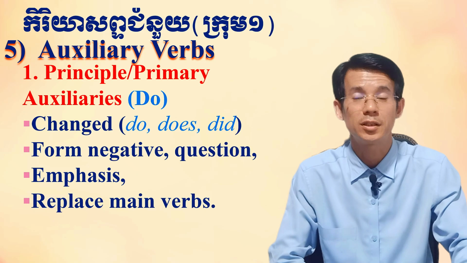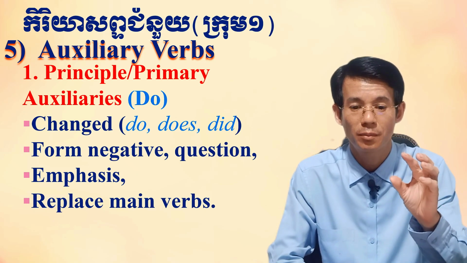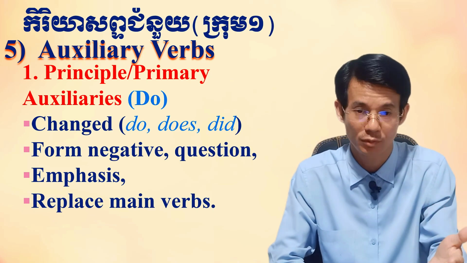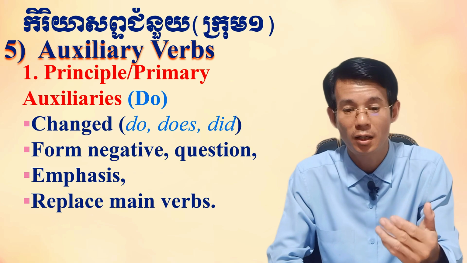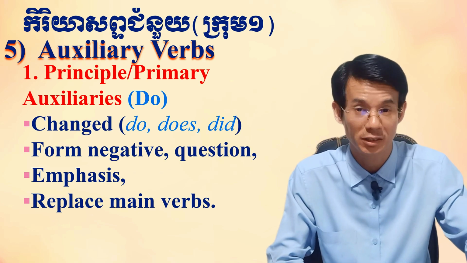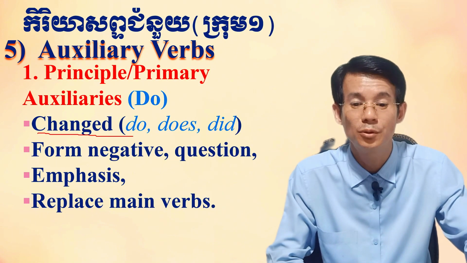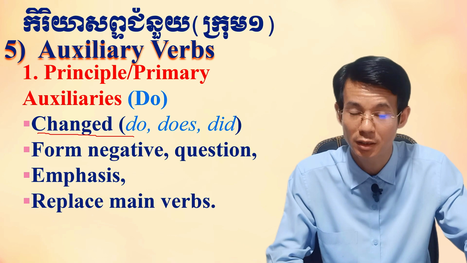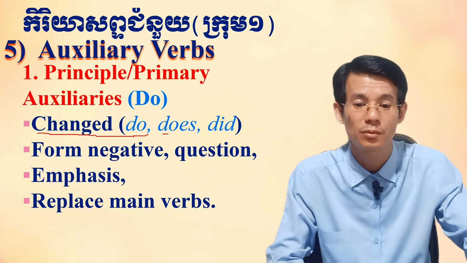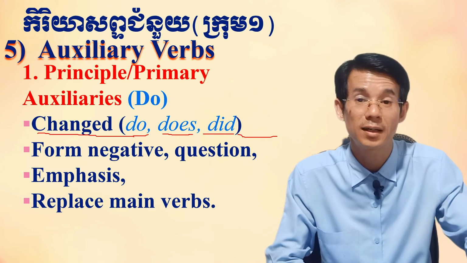Okay, so for this part we are going to talk about principal auxiliary verb do, how it is changed, and how it helps the main verb in grammatical function. Verb do must be changed according to the subject. It can be do, does, did, or done.